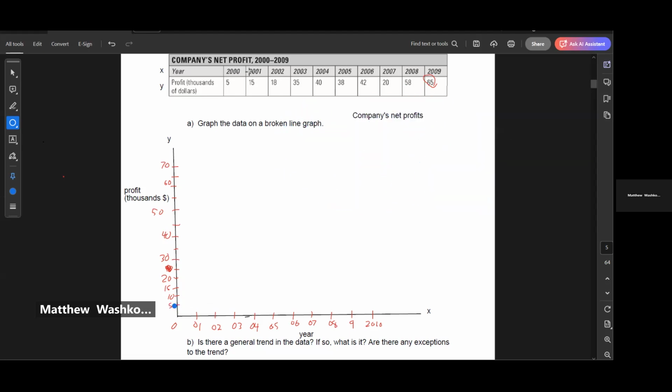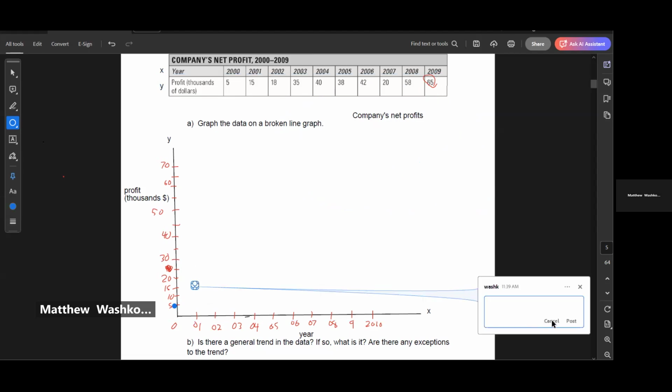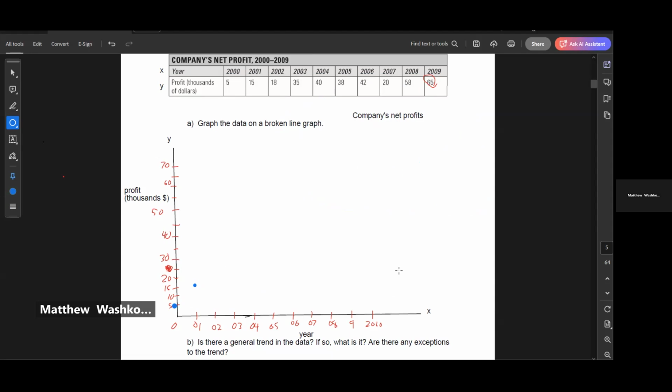At 2001, I made 15. At 2002, I made about 18. Again, you're just freeballing as best you can. That looks like about 18.